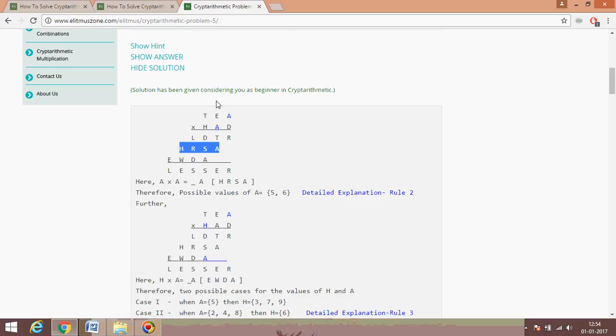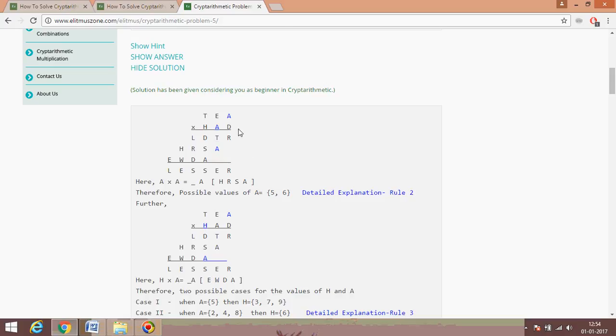Now proceed to the next value, A equal to 5. Here you can take A equal to 5, because 5 cross 5 is equal to 25, meaning the last digit comes as 5 only.